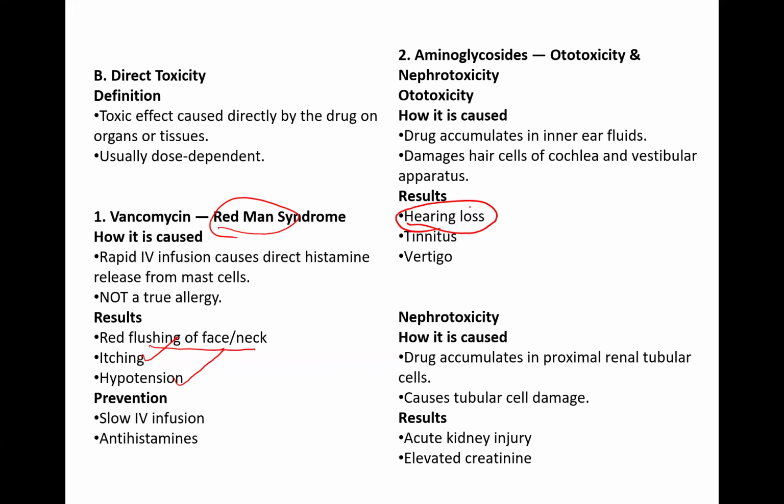Next is nephrotoxicity, because the drug can accumulate in the renal tubular cells, causing damage which can result in acute kidney injury and elevated creatinine, which can lead to kidney failure if untreated.